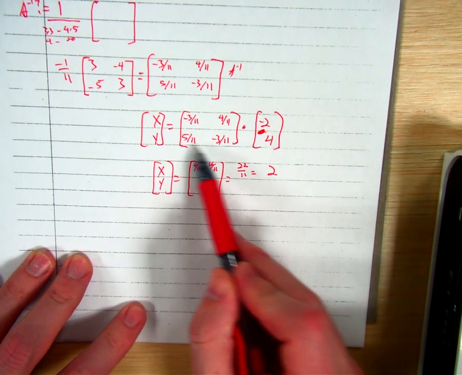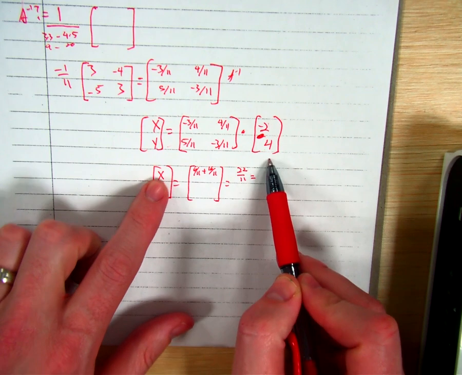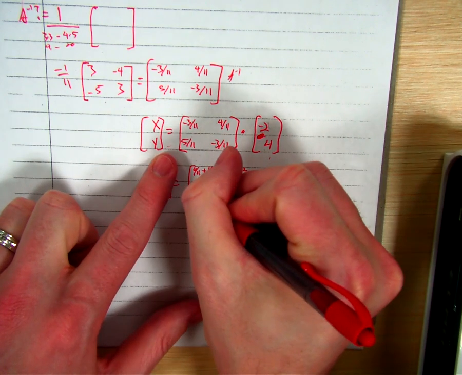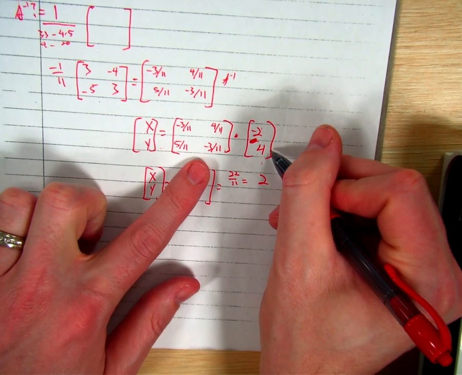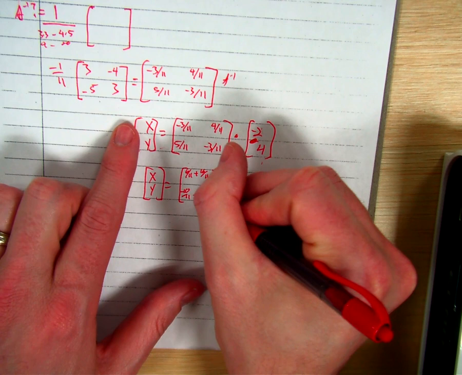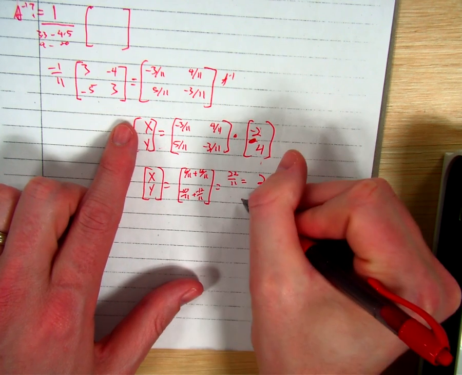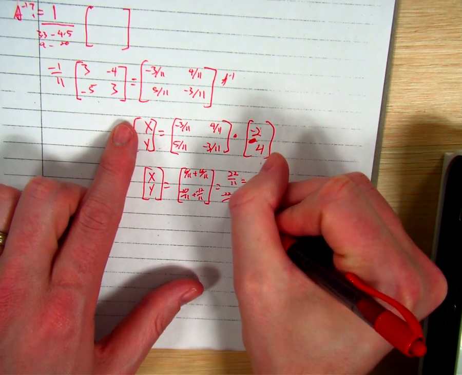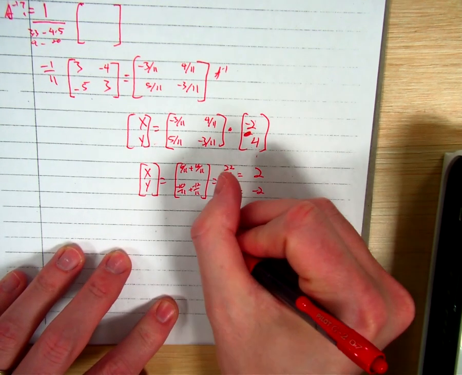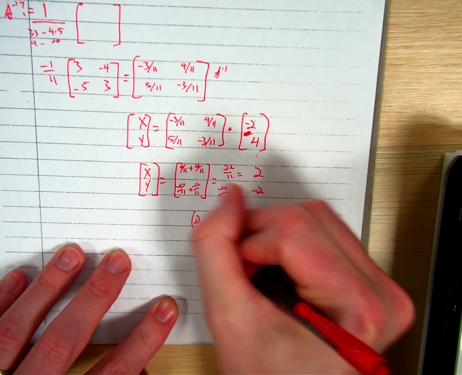And then the y row, row times column, we'll have negative 10/11 and negative 12/11 for a total of negative 22/11, which is negative 2. So we have 2 comma negative 2.